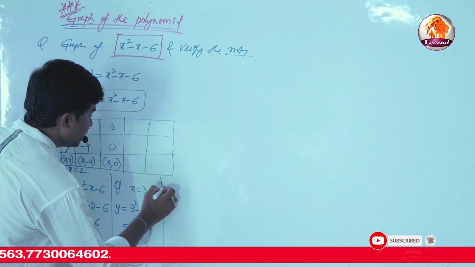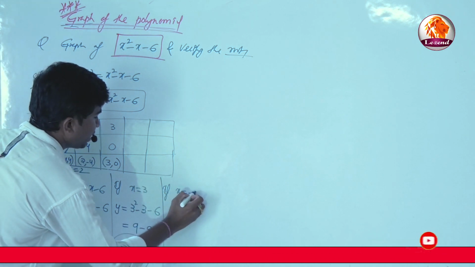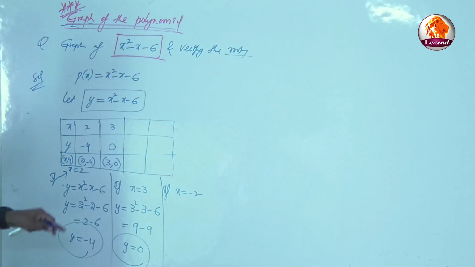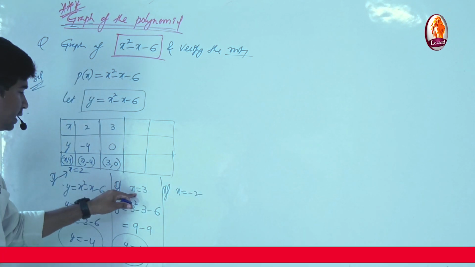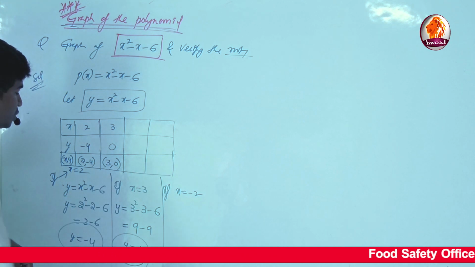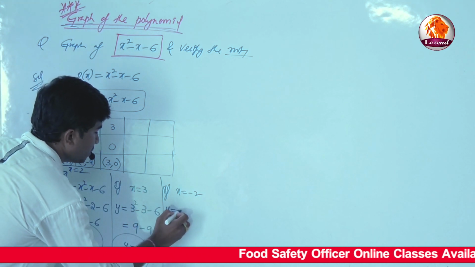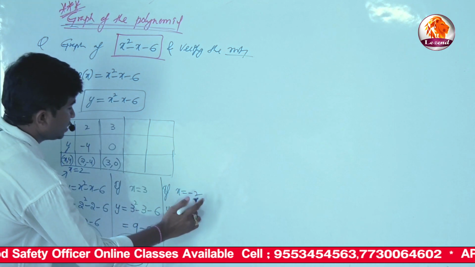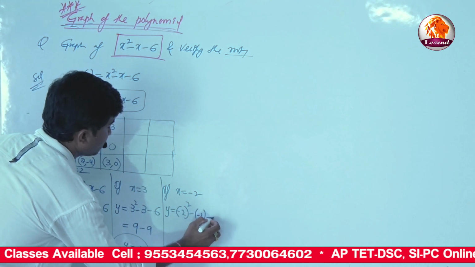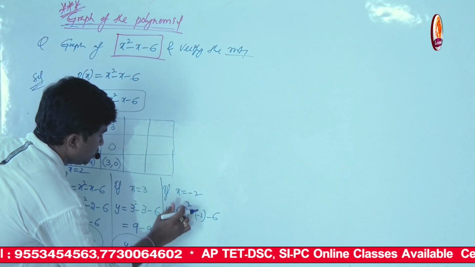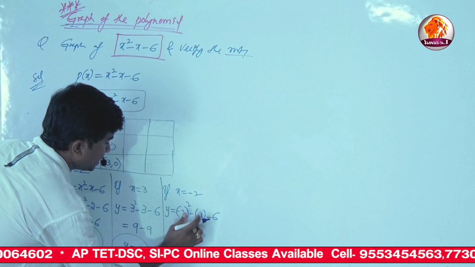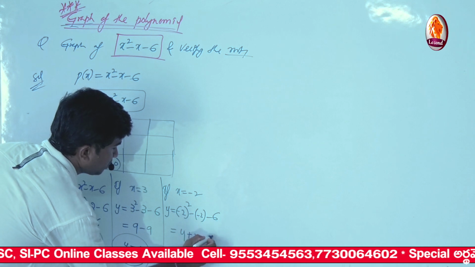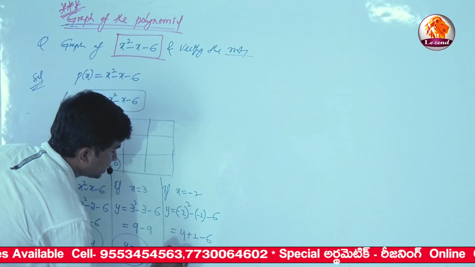Now take the negative also: x value minus 2, no problem. Here x value was positive, 3. In this case, x value is minus 2. So y is equal to minus 2 whole square, minus x, that is minus of minus 2, minus 6. Minus 2 whole square is 4, minus and minus make plus 2, again minus 6. 4 plus 2 is 6, 6 minus 6 is 0.